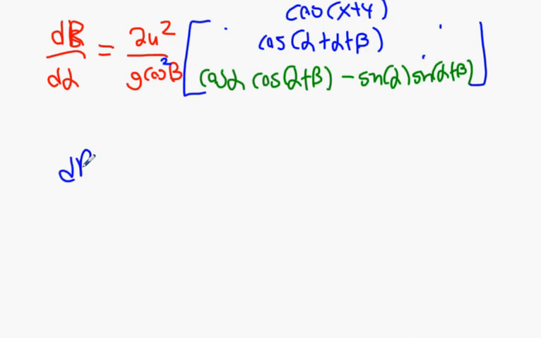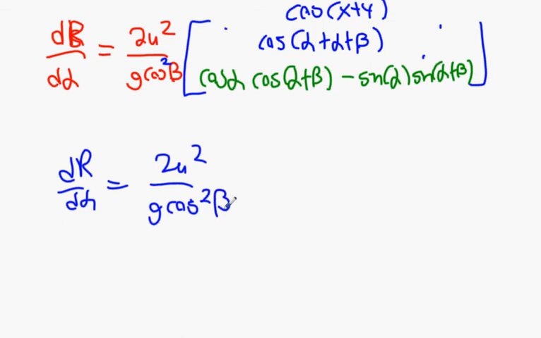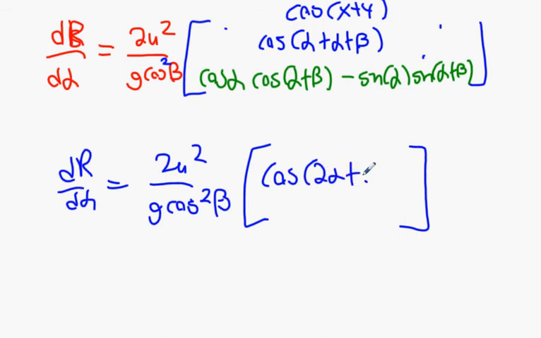This means that we have our constant dr d alpha equals 2u squared g over cos squared beta, and that is going to be multiplied by cos 2 alpha plus beta. Because it equals 0, this constant never mattered in the first place. Okay?